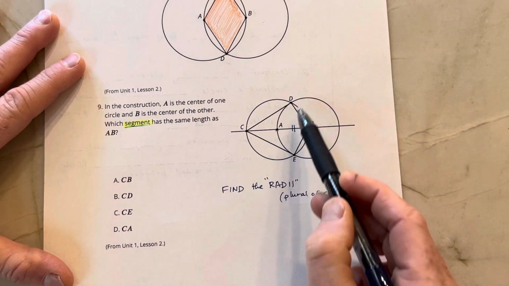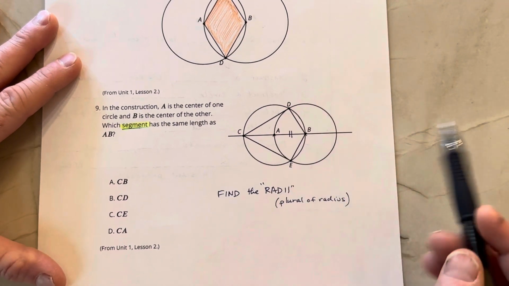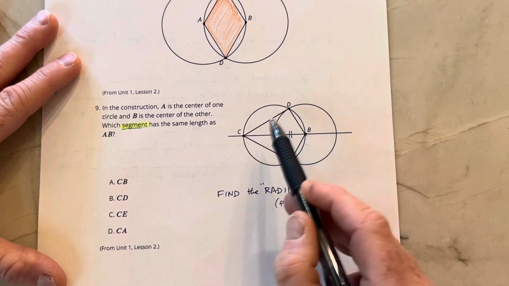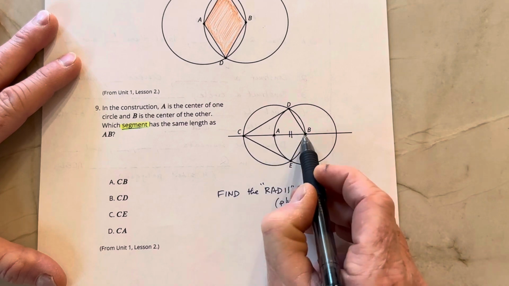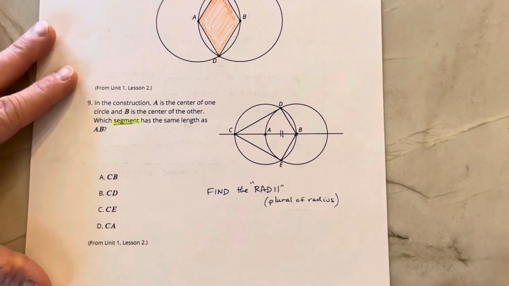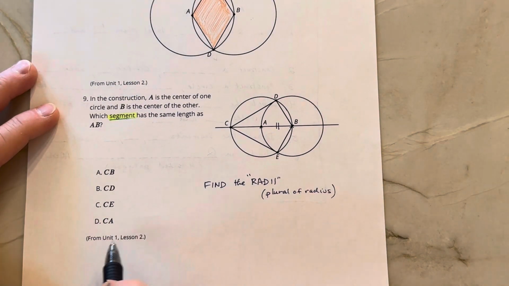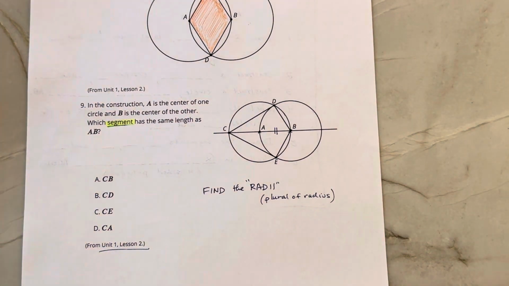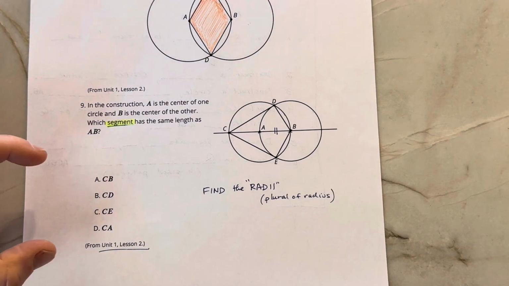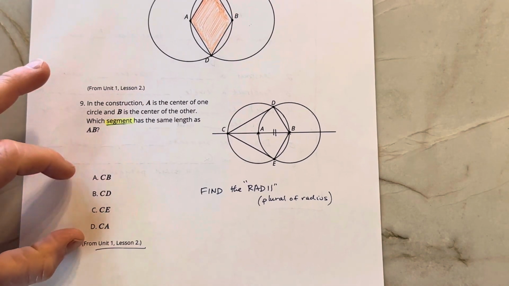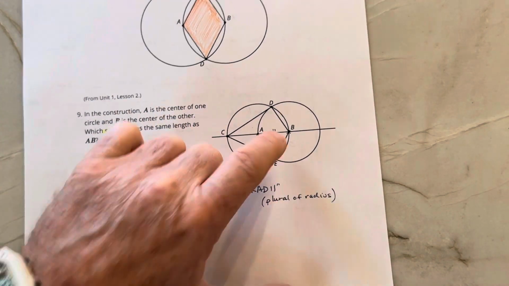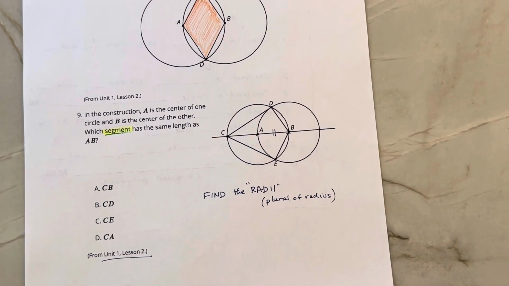So if you find a radii of either of these two circles, it will have the same length as AB. And that's a really big learning target from Unit 1, Lesson 2. So there you go. Hopefully that helps. You have to find one of these four that has the same length as AB. All right, nice work. About 30 minutes.